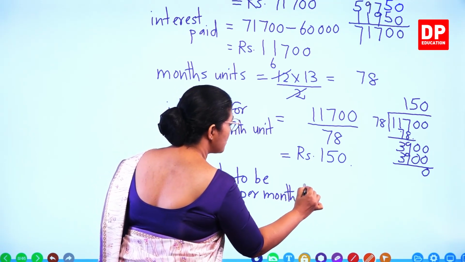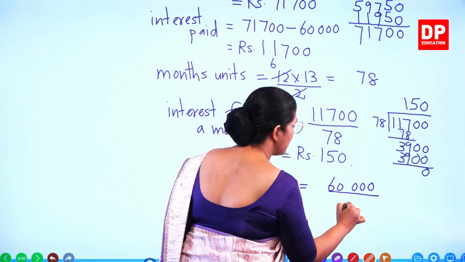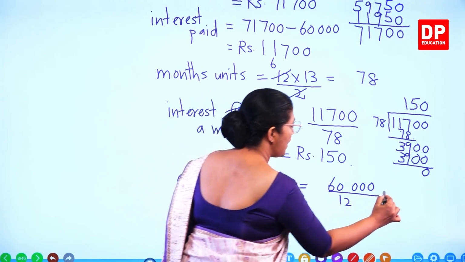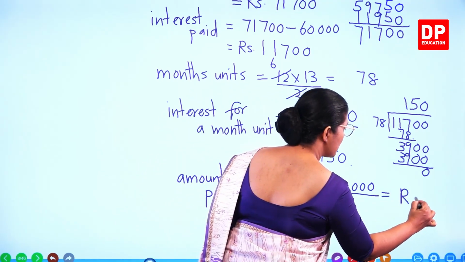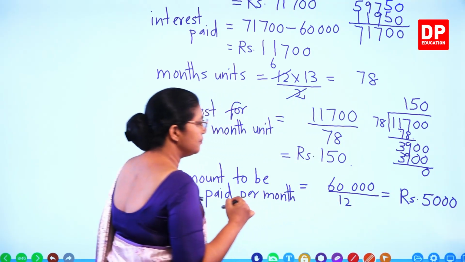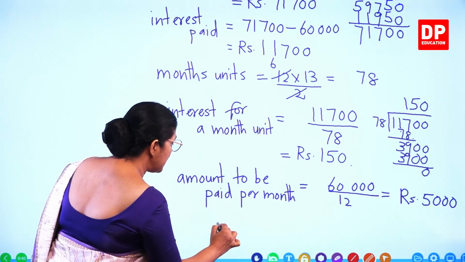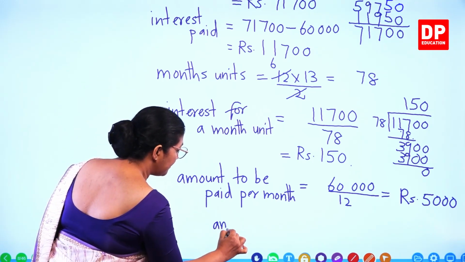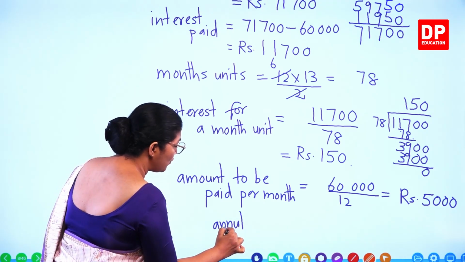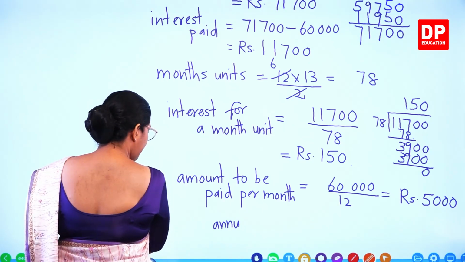So 60,000 divide by 12. So 12 times 5. So you get 5,000 rupees. Now you can find out the interest rate. So what is the annual interest rate? So the question asks to find out the annual interest rate.